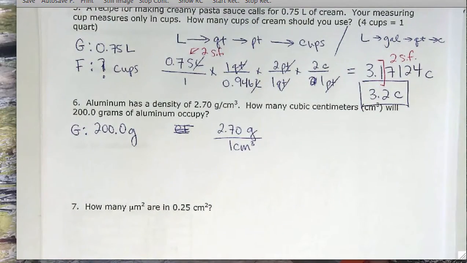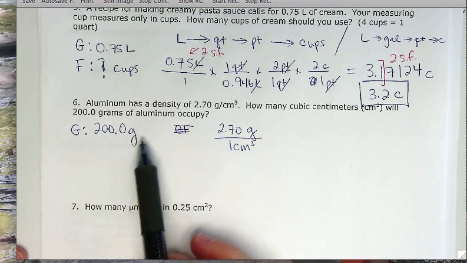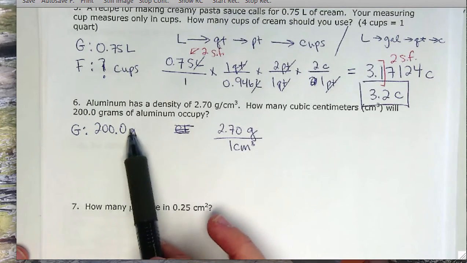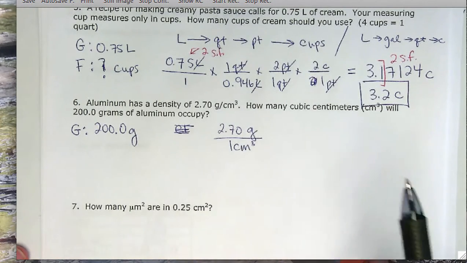Now, when you write it like this, it does make it a lot easier, grams over, instead of grams slash. I like to work with numbers, and now you can see you have grams and grams. How can you get them to cancel out? You flip, right?